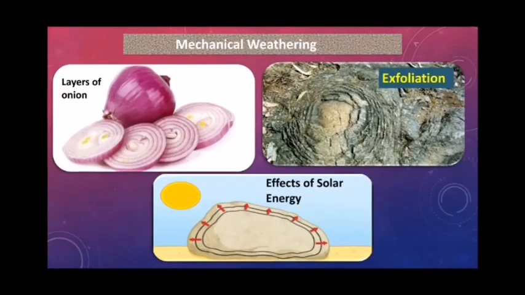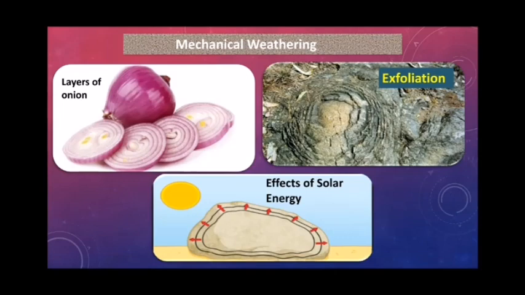Now let's start with the first weathering, that is mechanical weathering. So children, you might have observed when you cut an onion, it has layers in it, right? So you will notice that just as we remove each and every outer layer of the onion, similarly, in nature, rocks undergo such a process.